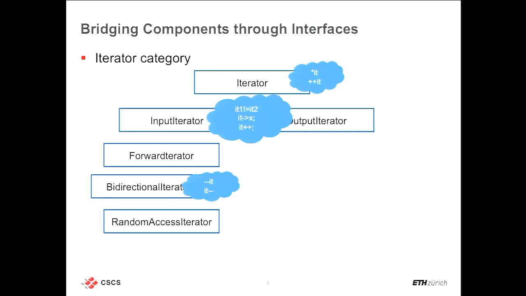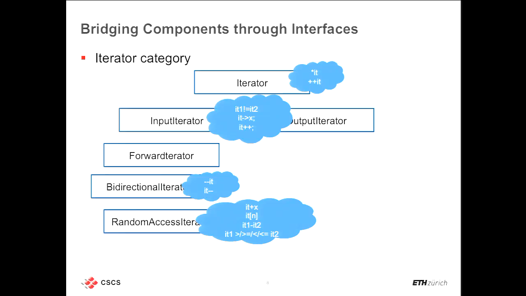Now you have the bidirectional iterator that gives you also the minus operation, so you can go forward and backward. And you have the random access iterator, which gives you also comparisons, random access offsetting, and difference.